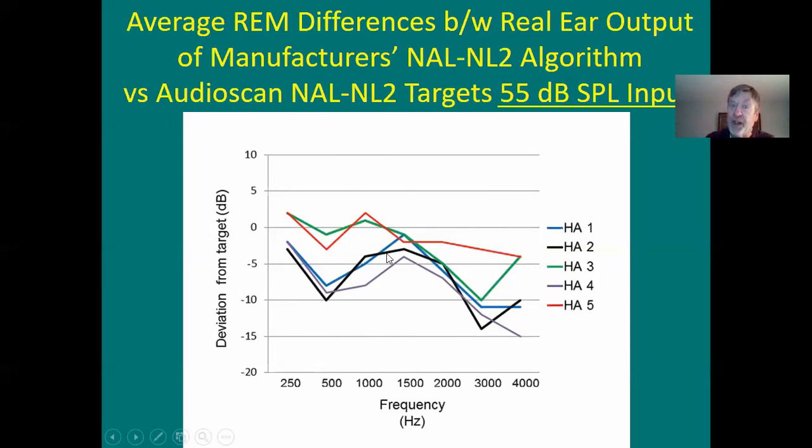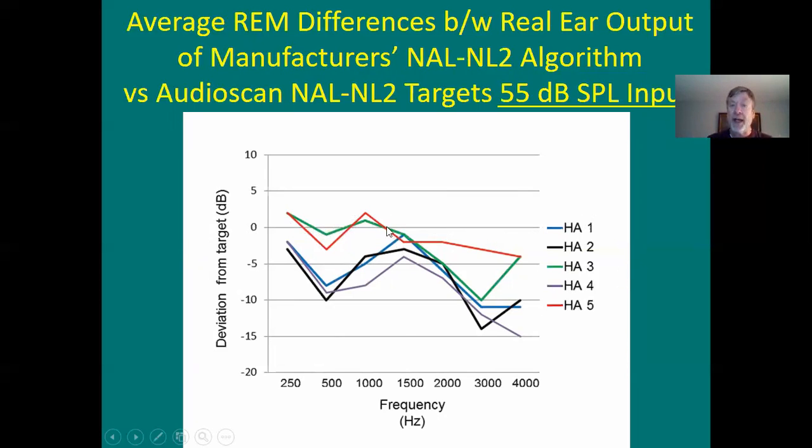What is shown is how much the manufacturer's implementation of NAL2 differed from the true NAL2 target for some fictitious hearing loss. If there was no difference at all, the lines would all be on zero difference. But you've got 5 different hearing aid manufacturers here.